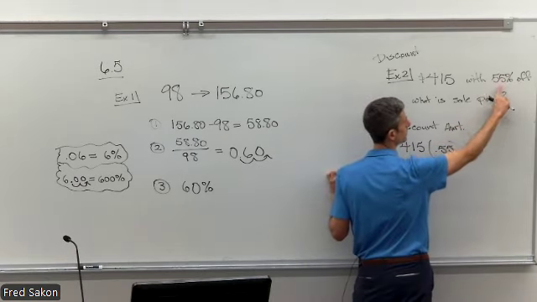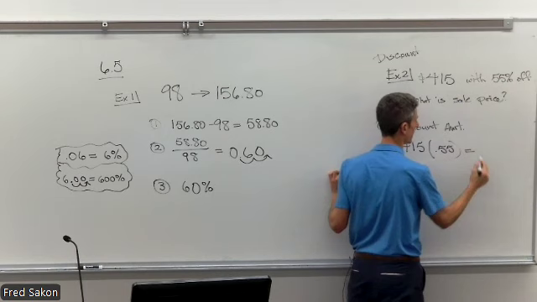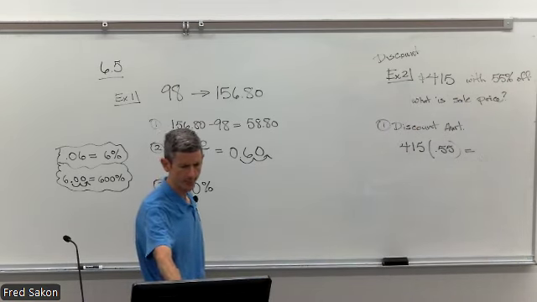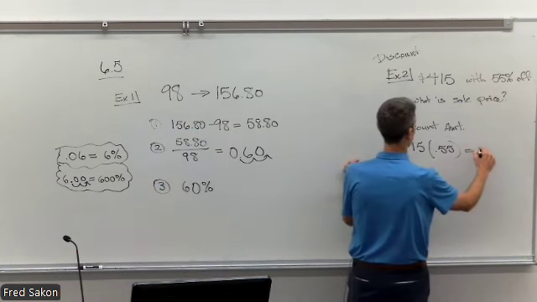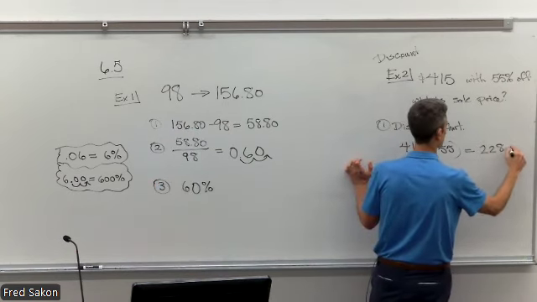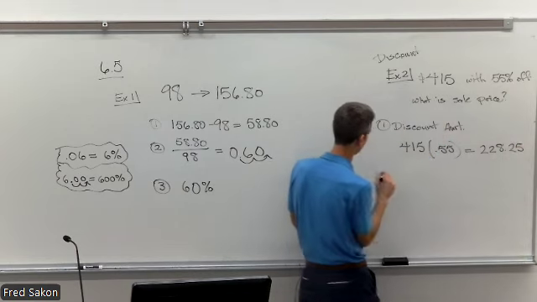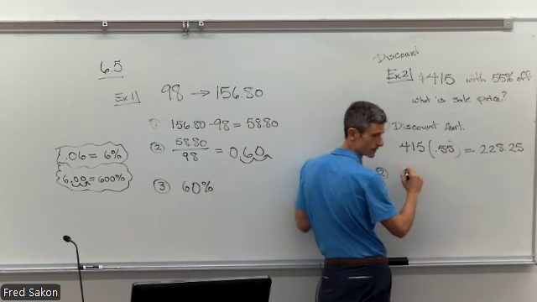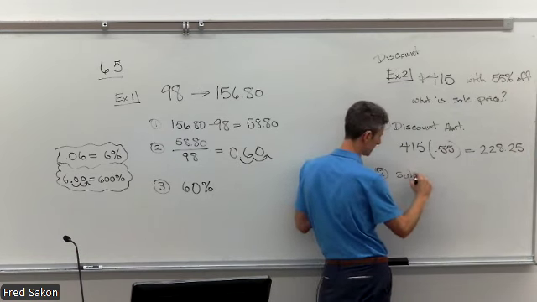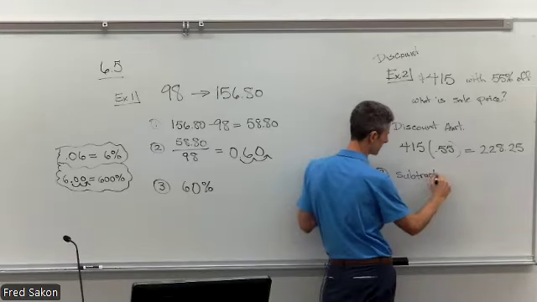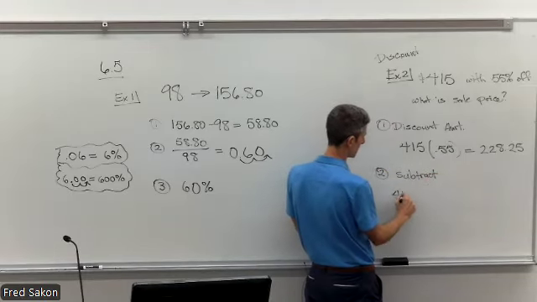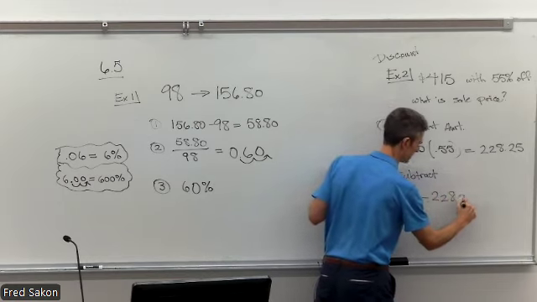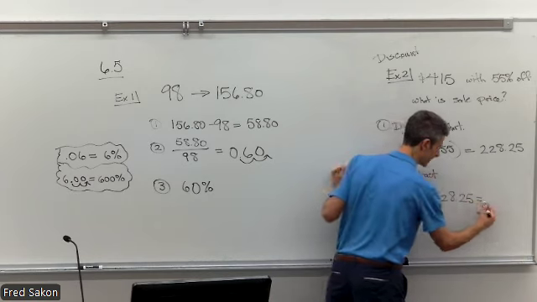Move your decimal 1, 2, 0.55, and 415 times 0.55 gives us 228.25. Now what? Subtract, like 415 minus, is that what you're thinking? 228.25. What does that give us?